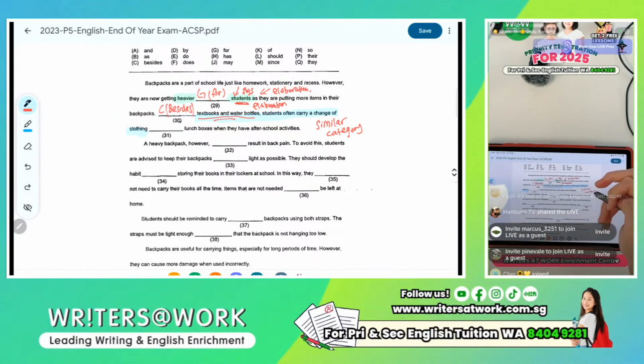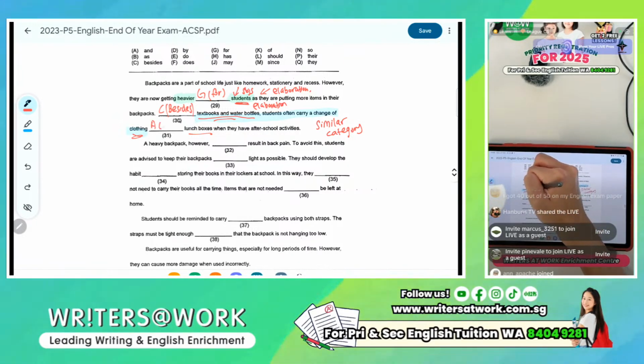So you can see here the same sentence has also we need to link these two words together. So the closest option that we will have here is and. All right. A heavy backpack, however, dash result in back pain.